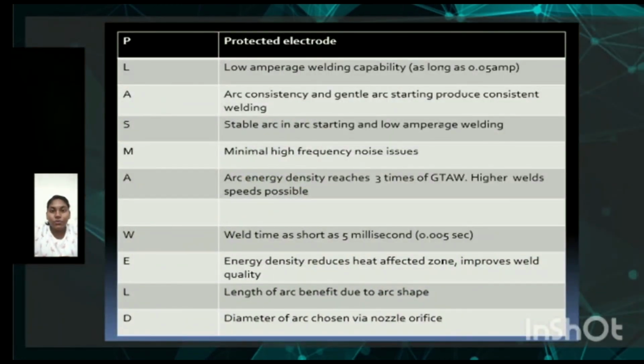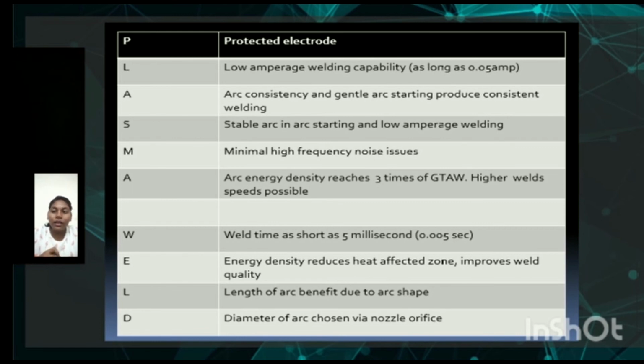Next we are going to see the short name of plasma weld. What are the meanings of each letter? P stands for protected electrode, L stands for low amperage welding capability. A stands for arc consistency and gentle arc starting produce consistent welding, which is a perfect welding.